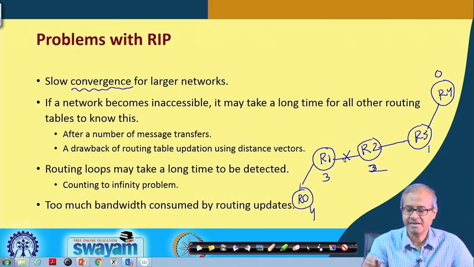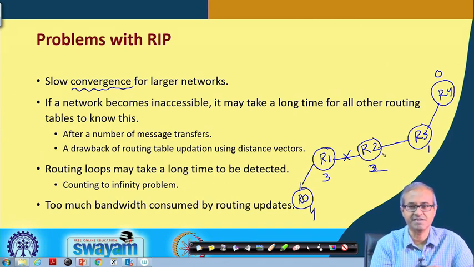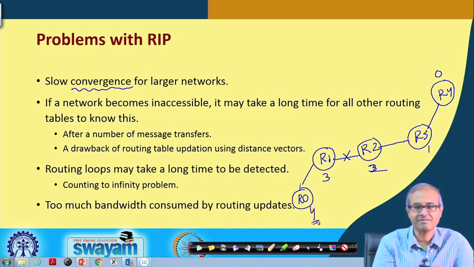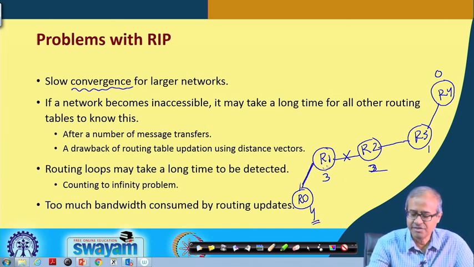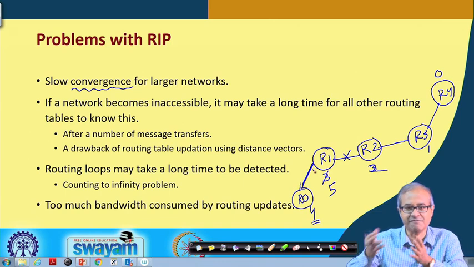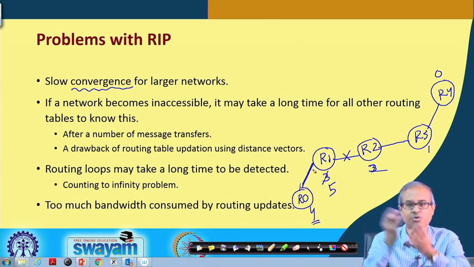So, you see now R1 has no path to R4, the network has become disconnected, but R0 will tell R1 that R4 is 4 distance away from me, and because this is 1 hop, R1 will update this to 5, 4 plus 1, but actually there is no path. So, in this way this 5, then 6, then 7, it will go up slowly.